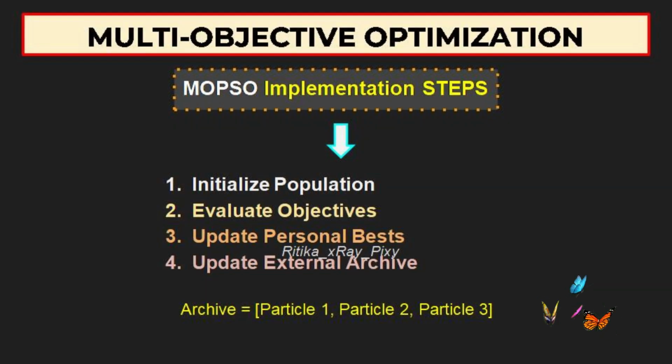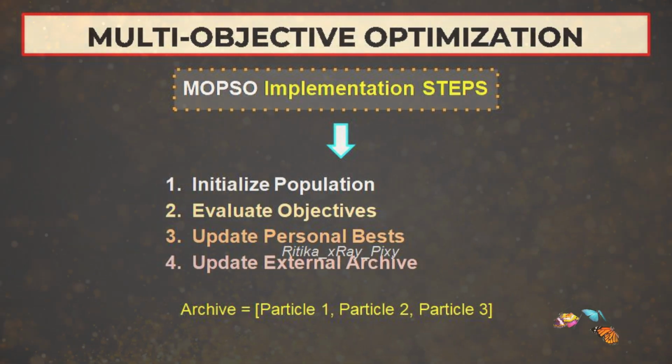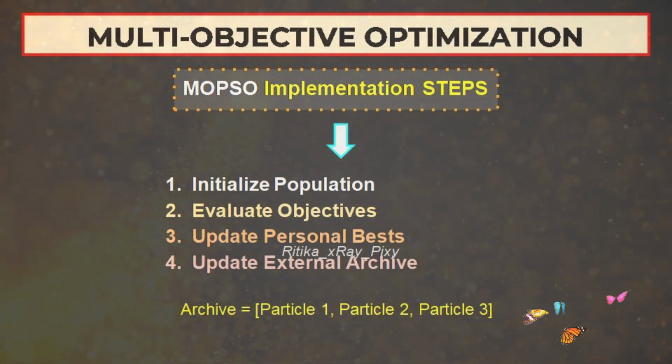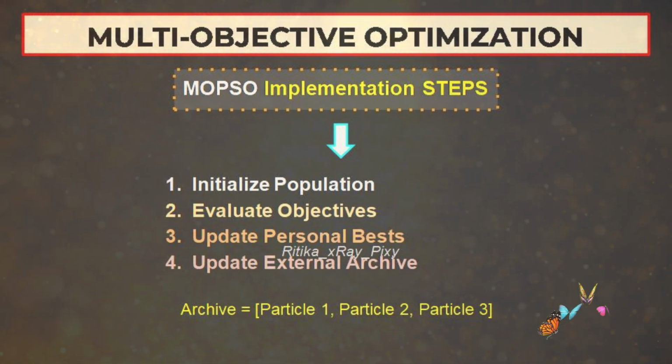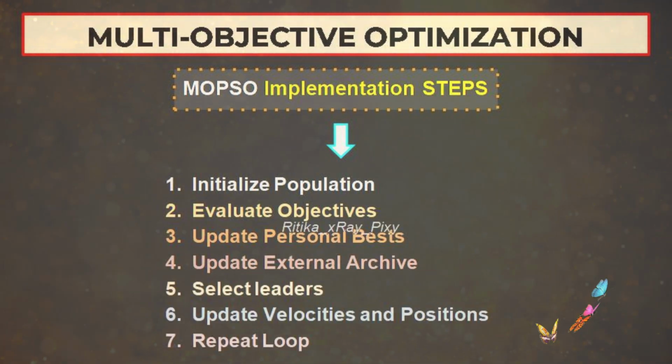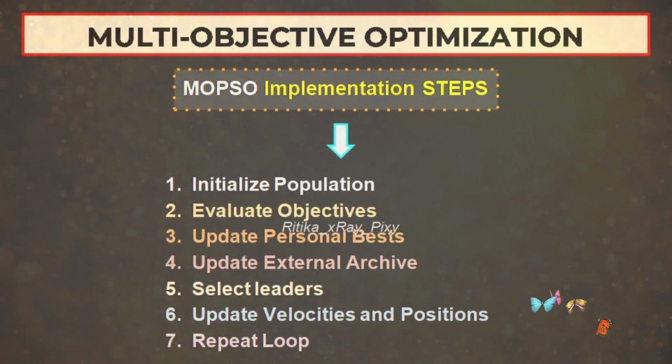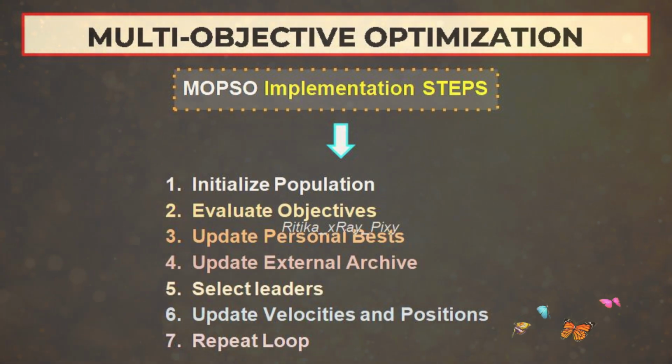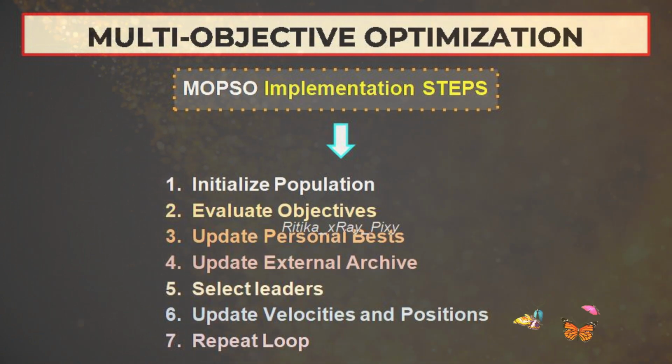So add the non-dominated solutions to the archive and remove the dominated solutions from the archive. After that, we will perform leader selection, then update the velocity and the position for each particle according to the formulas. Then we will repeat the loop until the stopping criteria is met.